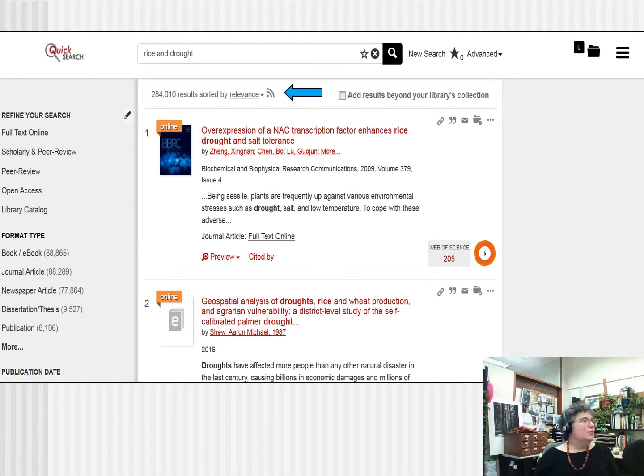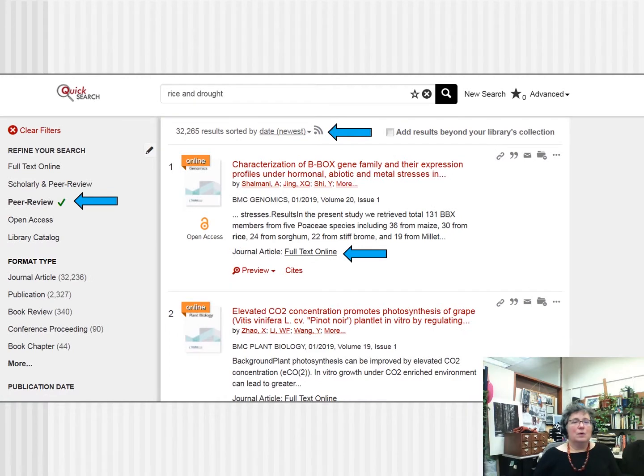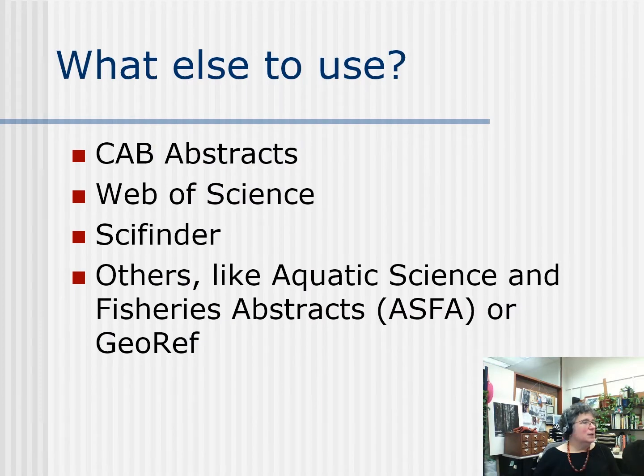So, for example, what I did next in this search is I limited it to peer-reviewed materials, and then also from the last 5 years. And so then what we got is many fewer, obviously still more than you want to look at, but many fewer than the 200,000 plus. And then you can start to look through them, or you can limit it more. You could limit it by the particular publication and so on.